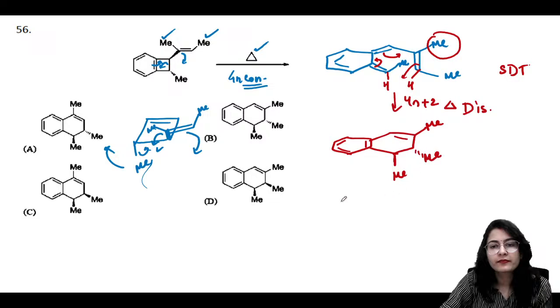So either you keep them trans like this or you keep this one above, this one below, it doesn't matter. We need trans. Option A and option B have trans.